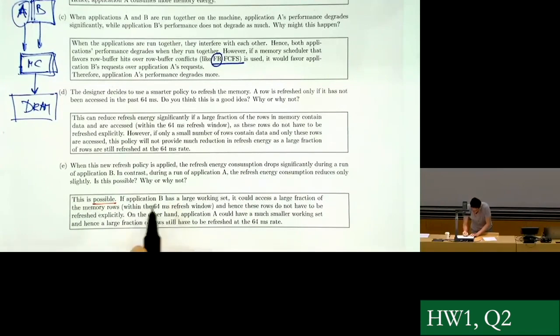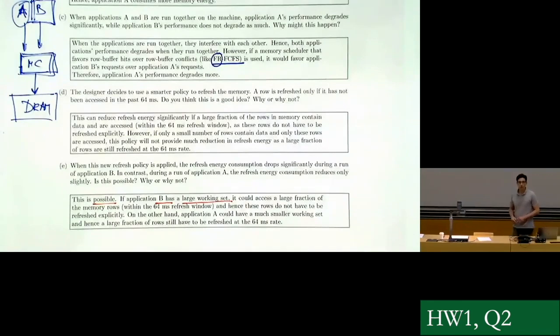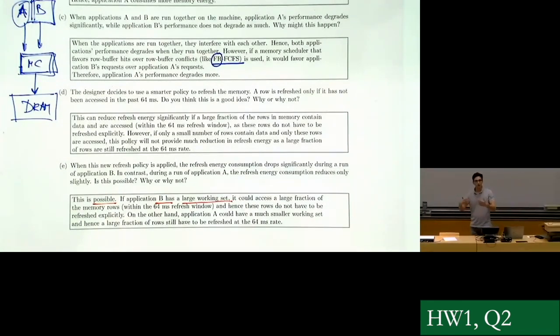Why is it possible? This depends on how many rows each application accesses. For example, application B has a large working set, so there are many accesses to many different rows. Many of these rows are accessed very frequently and for this reason they are pre-charged, so there is no need to refresh them additionally.